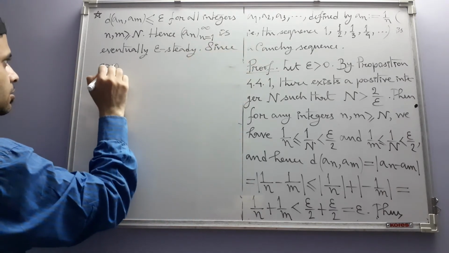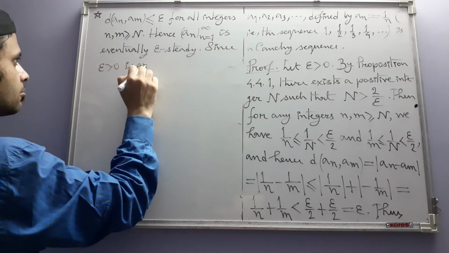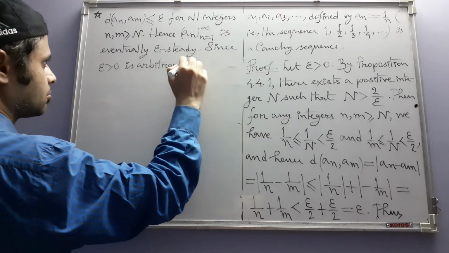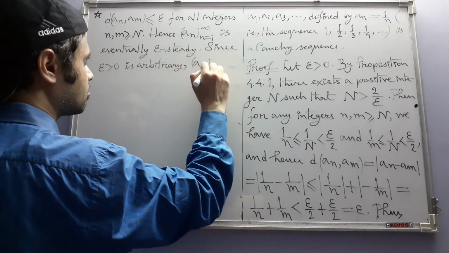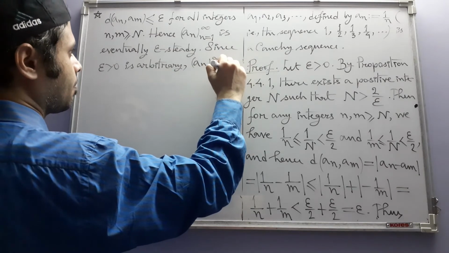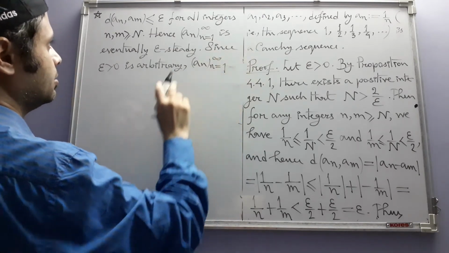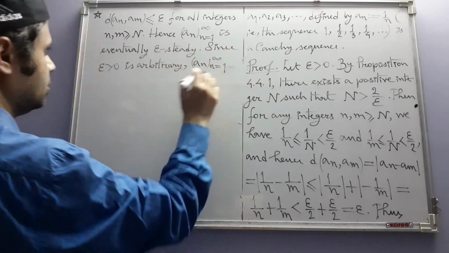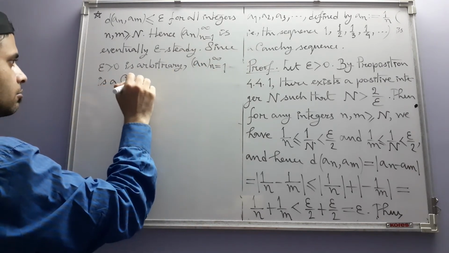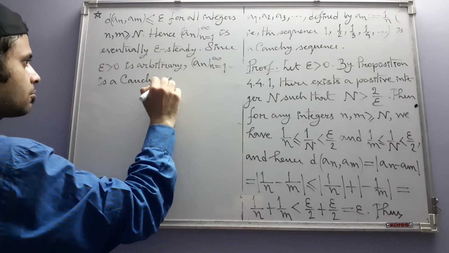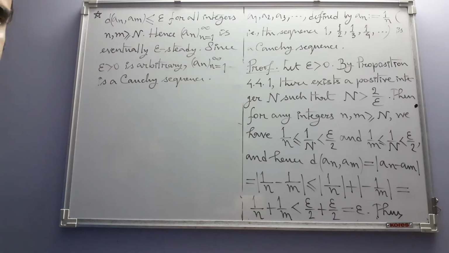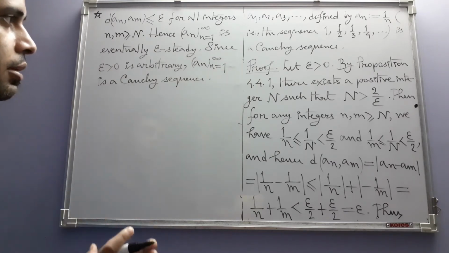Since epsilon is arbitrary, n starts from 1. Here I have written 1, okay. So this is a Cauchy sequence.